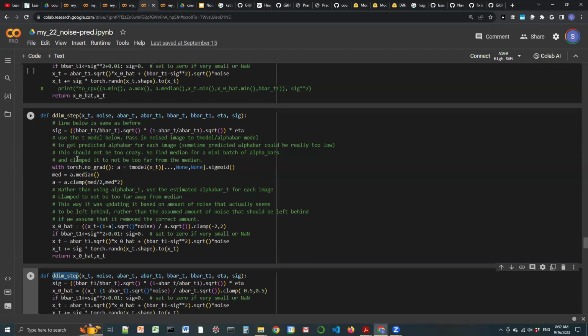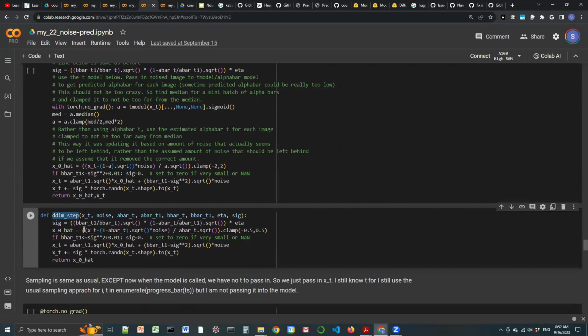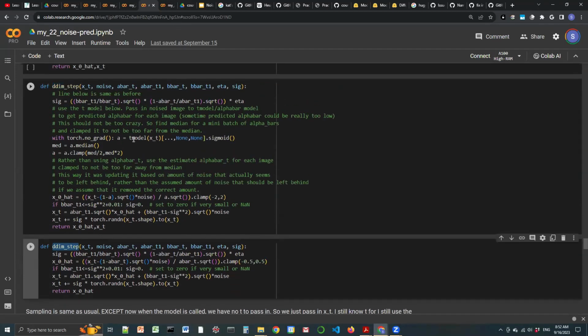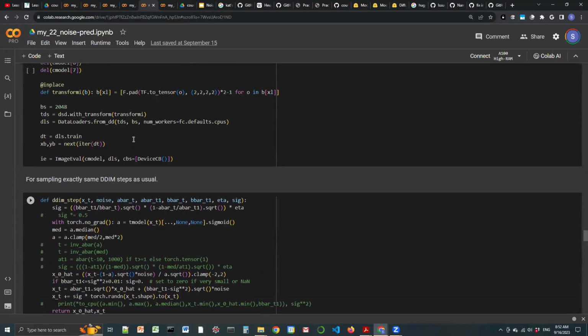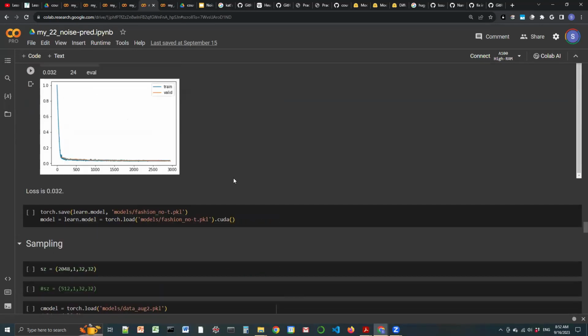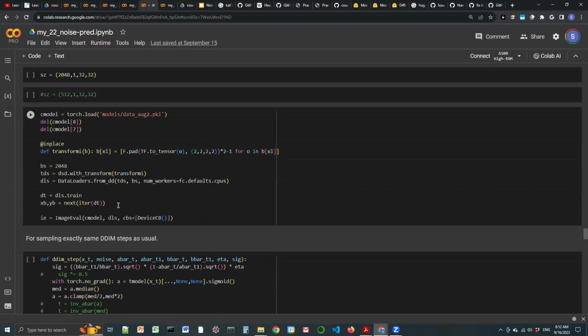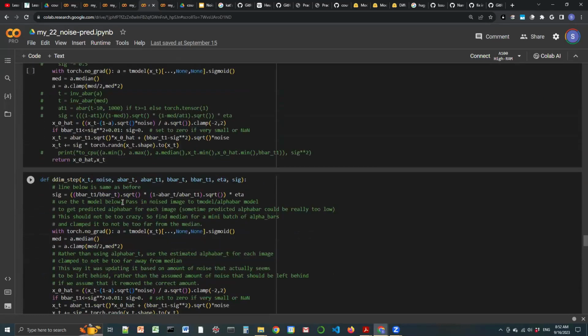Instead of directly calculating the x0 hat from alpha bar t, he uses the same model that we have trained here to predict, the t model below, right? Which is this t model, passing the noised image to the t model, or the alpha bar model, to get the alpha bar.